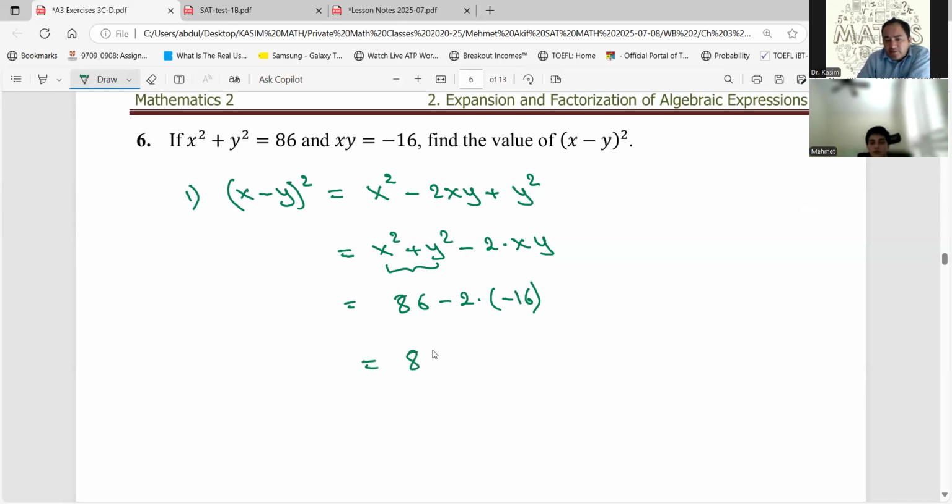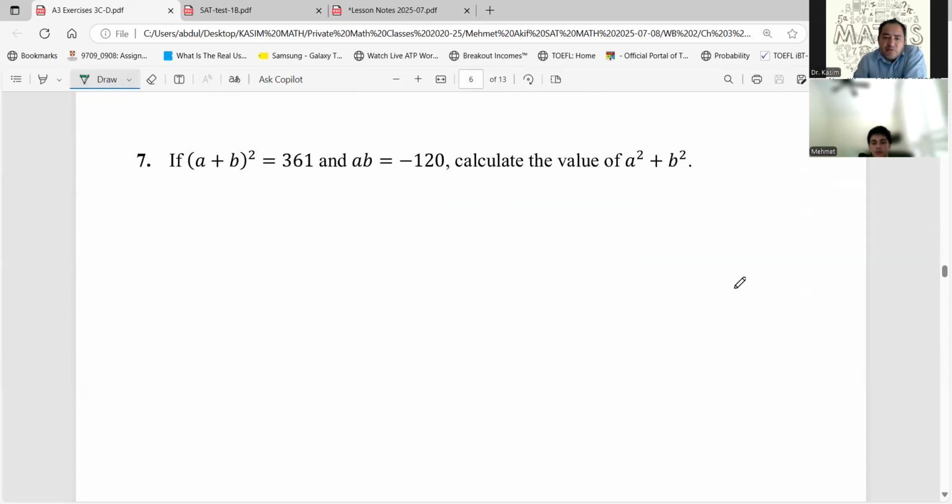So that's 86, negative negative is positive, 2 times 16 is 32, which is equal to 118, right? Where did you make a mistake, Mehmet? I didn't solve the way you taught me. But did you get it now? Yeah. Okay, good.